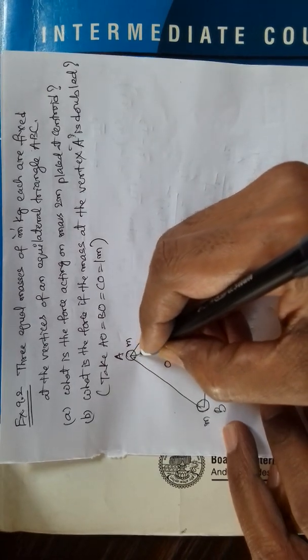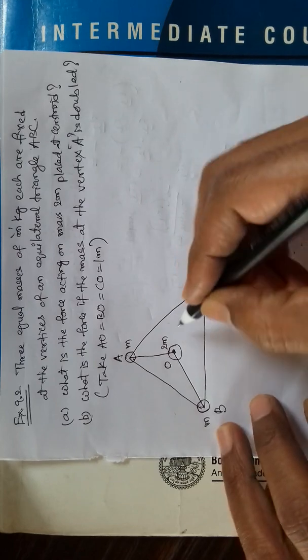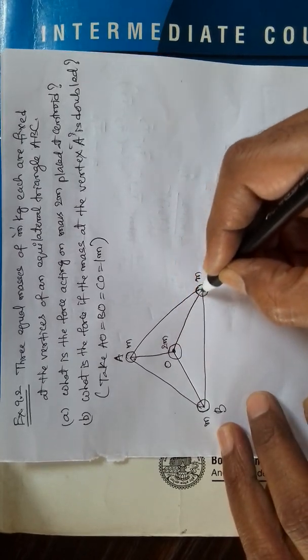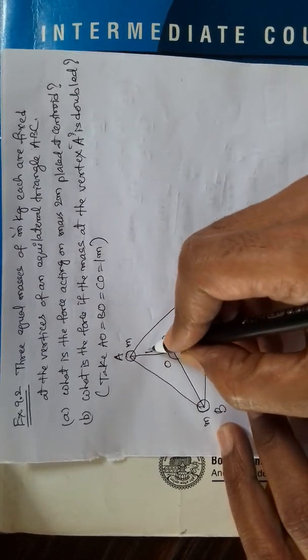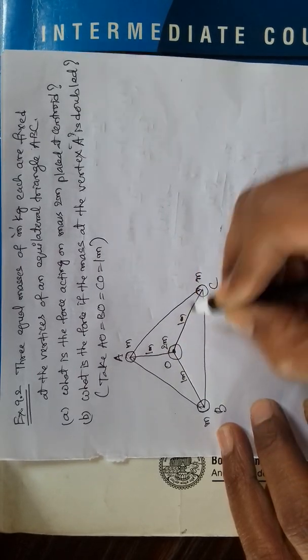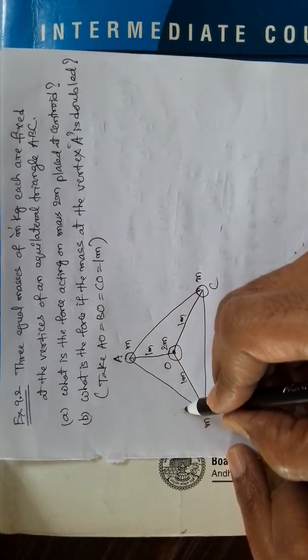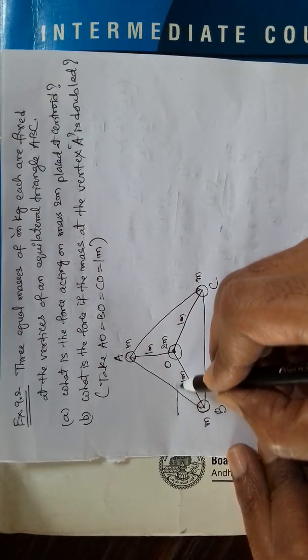This is AO, this is BO, and this is CO. These are 1 meter. Now let us draw x-axis passing through the centroid.